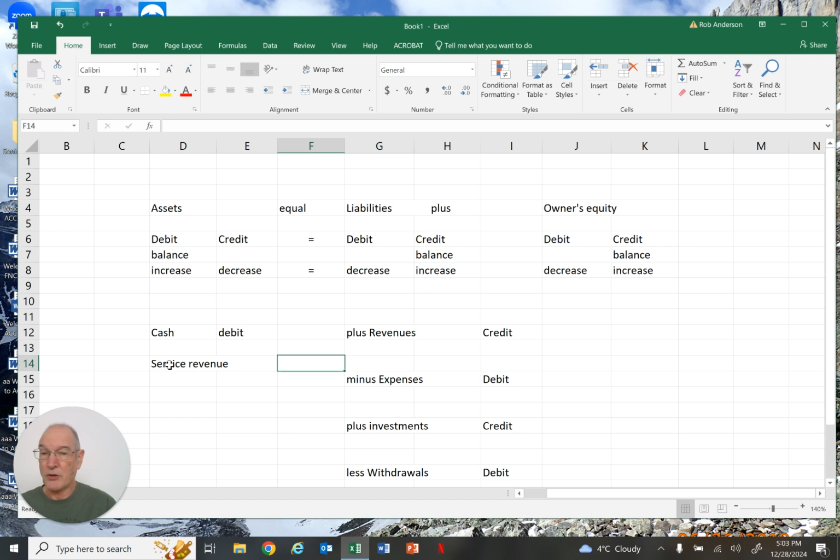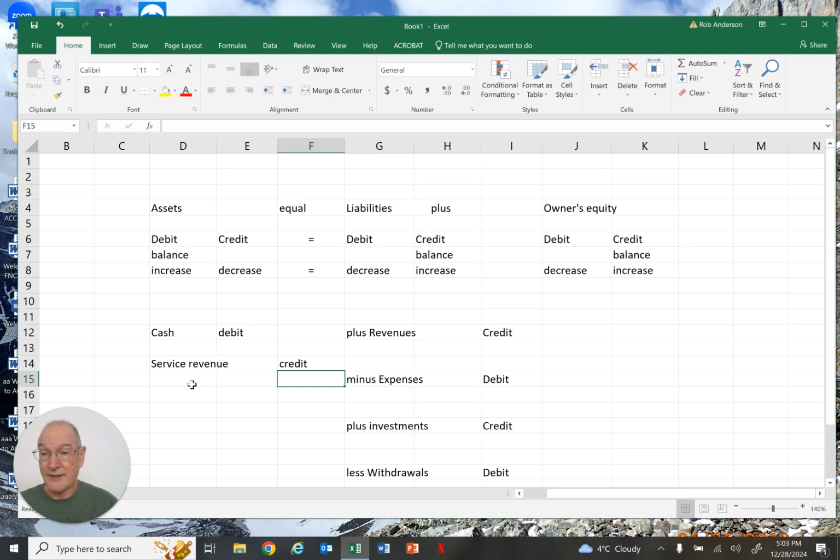So as we earn revenues, those become a credit. Notice that this transaction would give us a debit to cash and a credit to a revenue account. So here's a credit to my service revenue account.